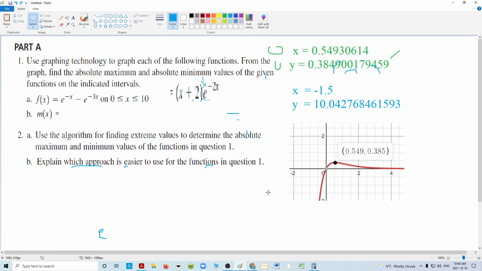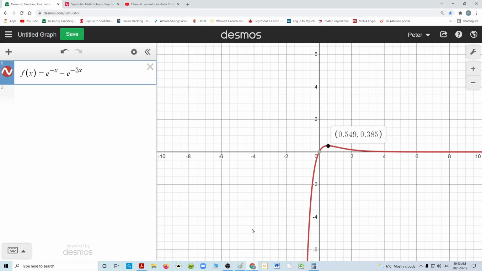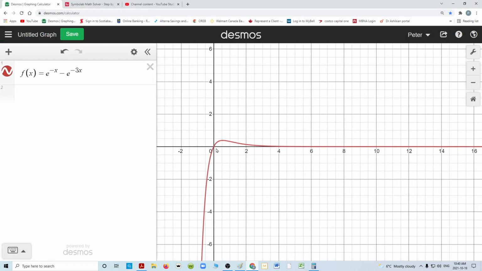Also keep in mind that this graph was really only looking from 0 to 10, so this point onwards to this point. So if you were going to graph it properly, it would look like that.